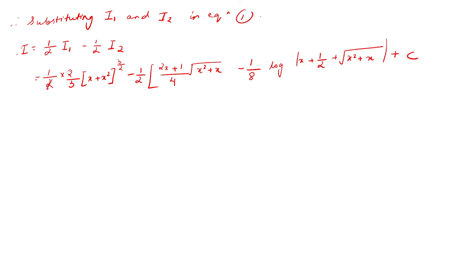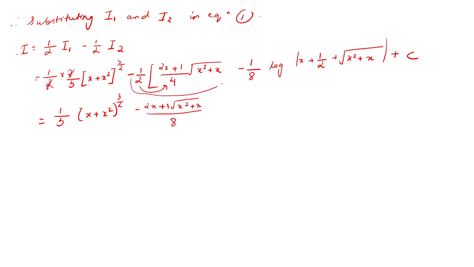So you can cancel this out, so you'll be left with 1 by 3 of (x plus x squared) to the power 3 by 2 minus, open up the bracket for this, so half into this would give you 8, right? So (2x plus 1) root of x squared plus x over 2 into 4, so this is 8, okay?